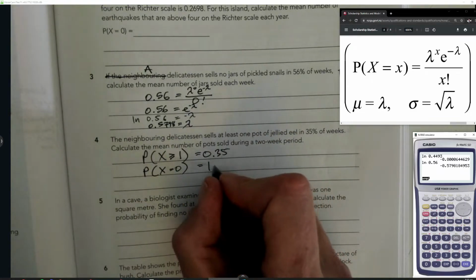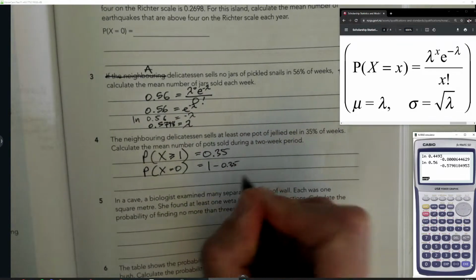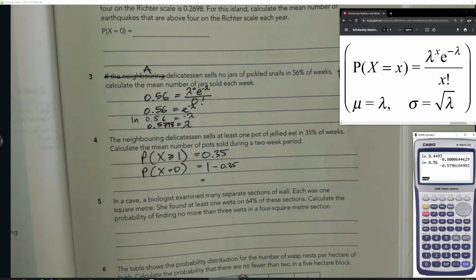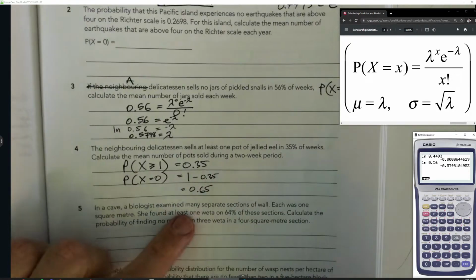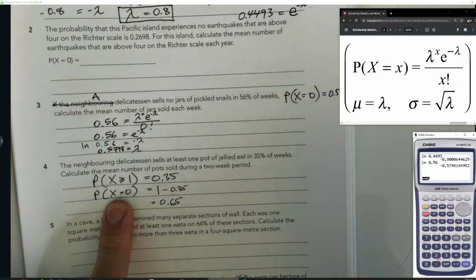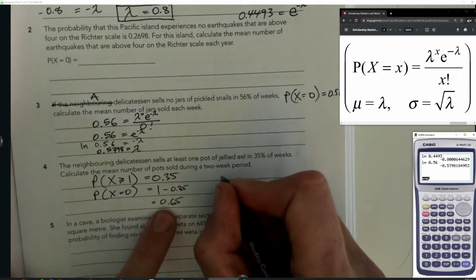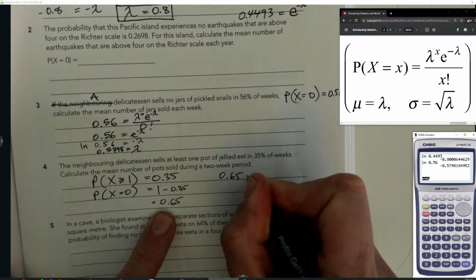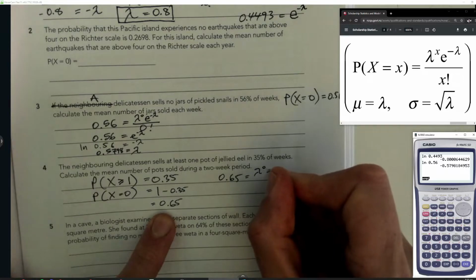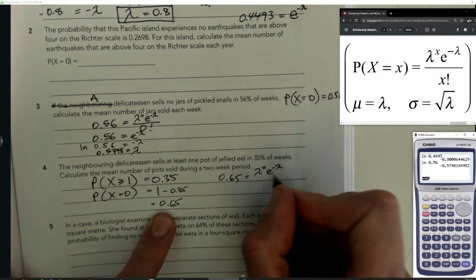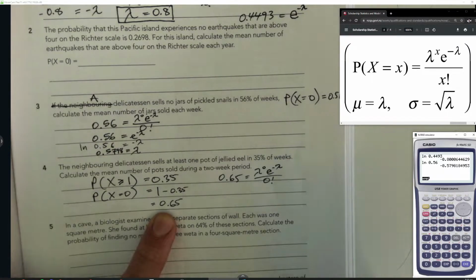So 1 minus 0.35 is going to get you how often they sell 0 pots, so that's 0.65. We know P(x = 0) is 0.65, so therefore 0.65 is equal to lambda to the power 0, e to the negative lambda over 0 factorial.